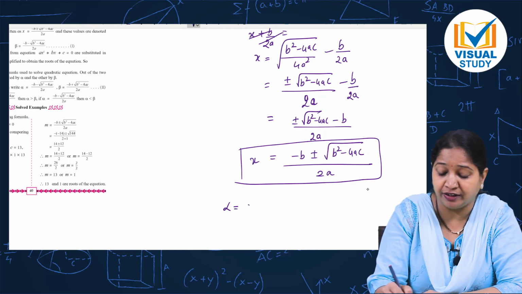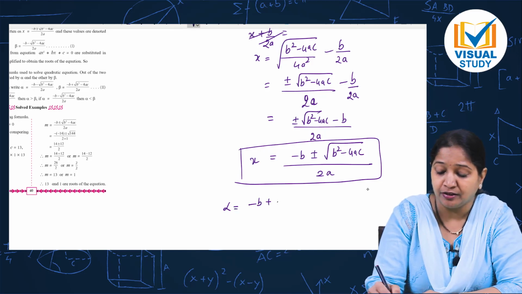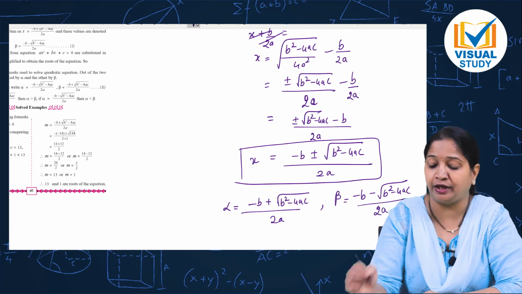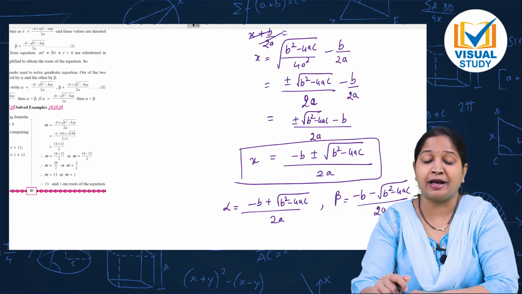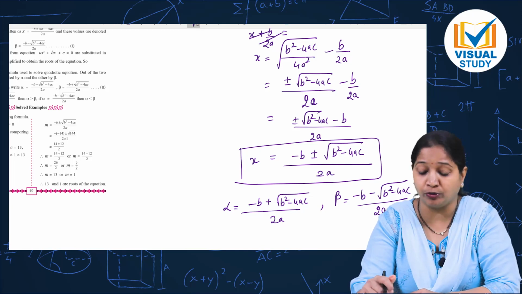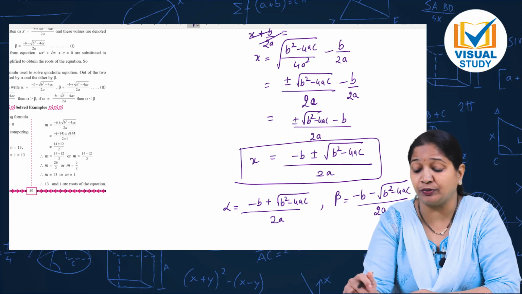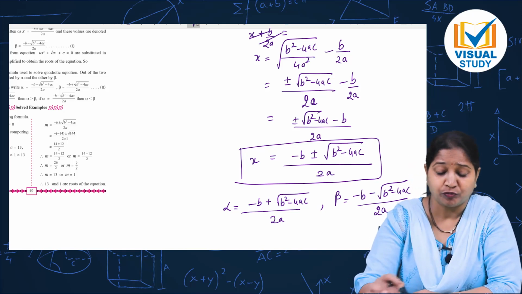That is, alpha is equal to minus b plus root b square minus 4ac upon 2a, and beta is equal to minus b minus root b square minus 4ac upon 2a.